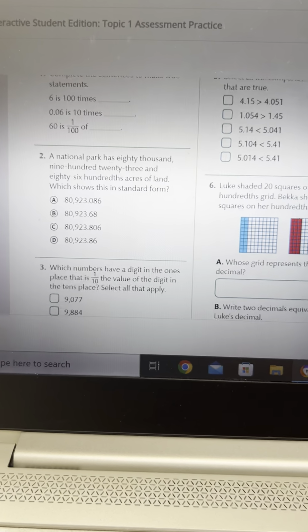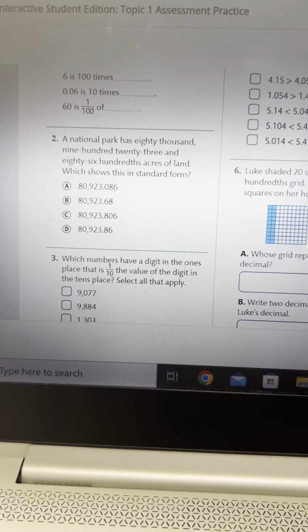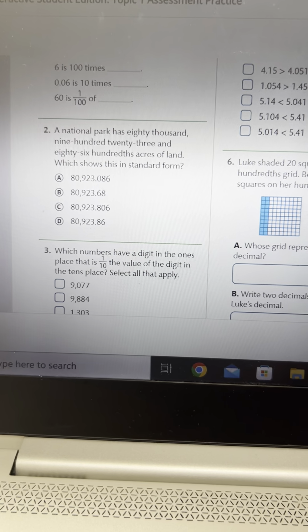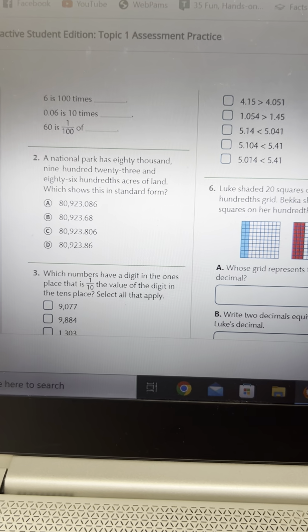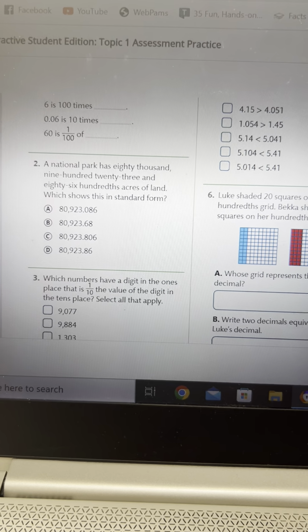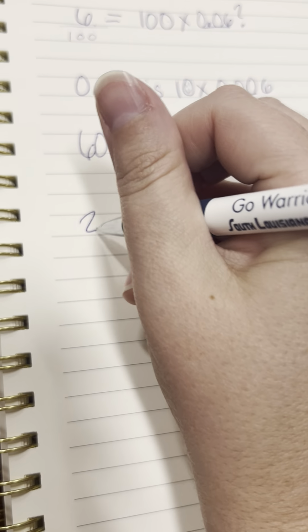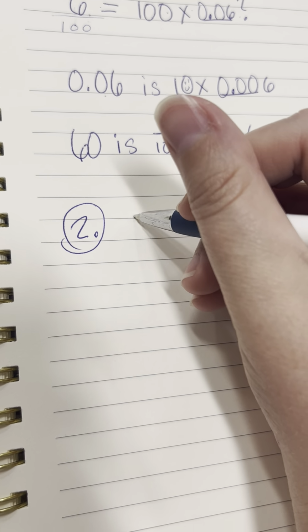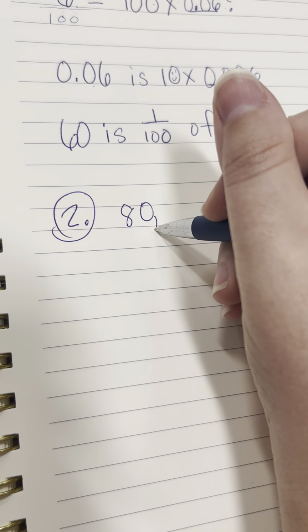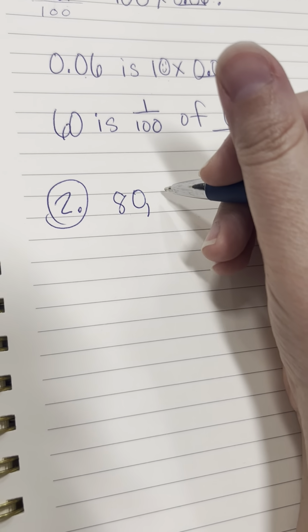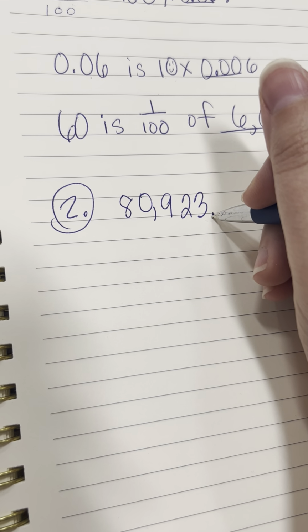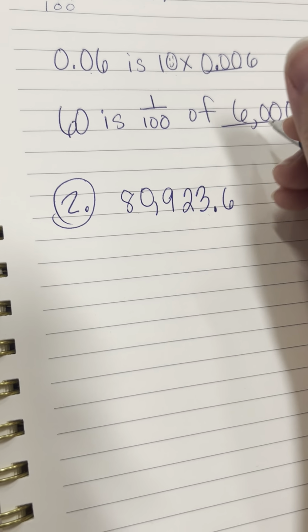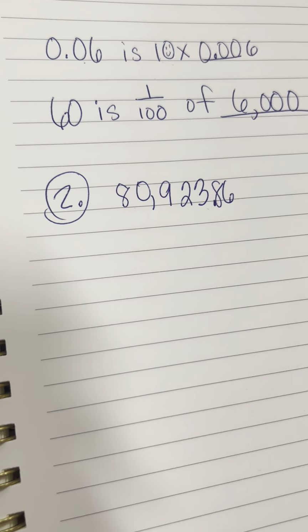It says that a national park has 80,923, and this "and" right here is the decimal, and 86/100ths of acres of land. Okay, so what I just read, and this is for number 2, I read 80,000, that means I put a comma, 923 and 86/100ths.